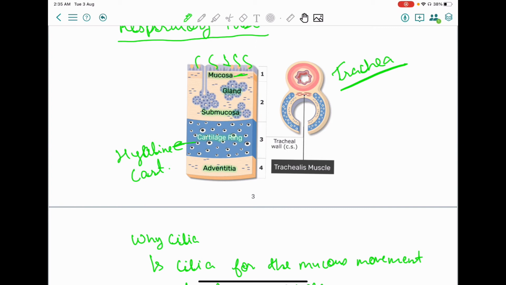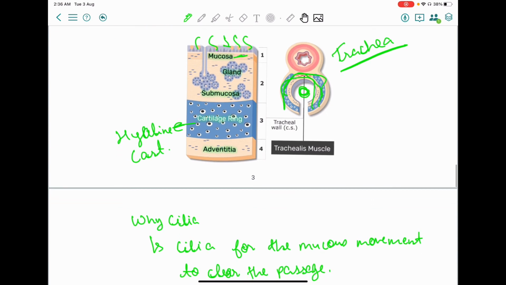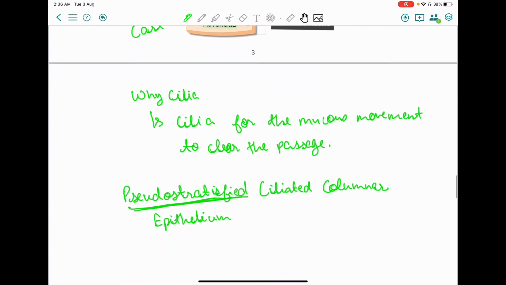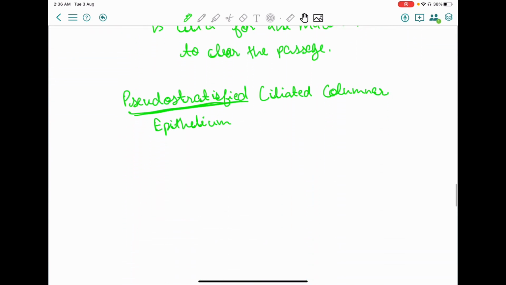And you can see here this is the ring, and we all know that hyaline cartilage forms C-shaped rings. These are C-shaped rings.